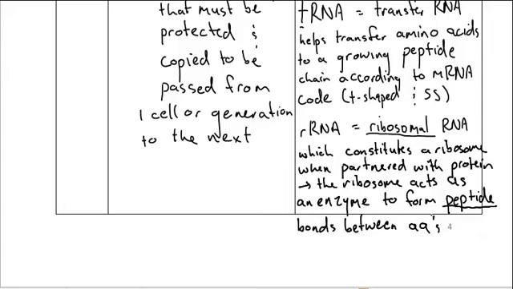So the mRNA tells you which amino acid to bring in, the transfer RNA actually brings it in, and then the ribosomal RNA, as part of a ribosome, actually links the amino acids together. So all three of them work together to build that protein based on the original DNA blueprint.